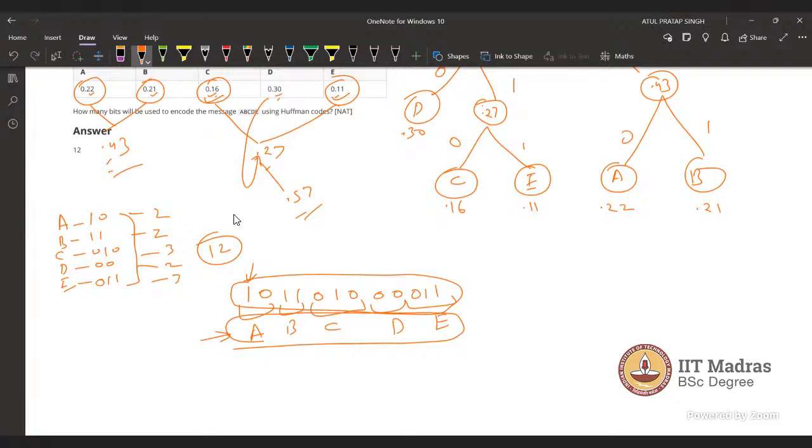Just count the length of this message. This is 12.